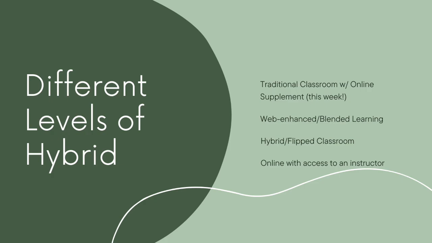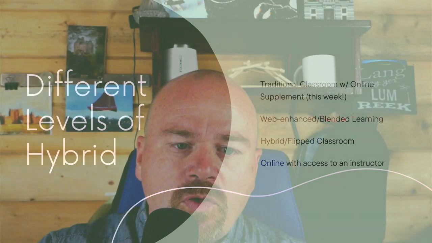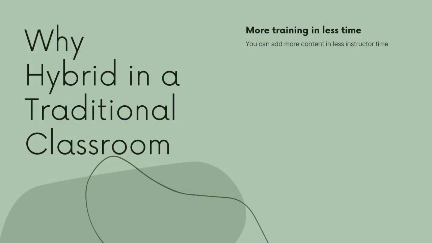But in the traditional classroom, the reason the hybrid model is becoming so popular and starting to creep in is because there's more emphasis now on getting people through a classroom environment from beginning to end with more content in less time, so they can get back and be productive again.